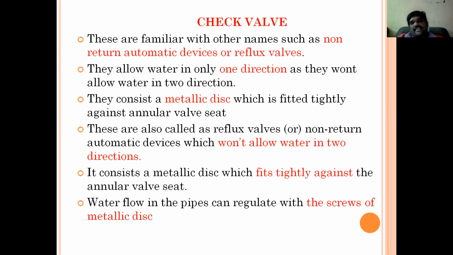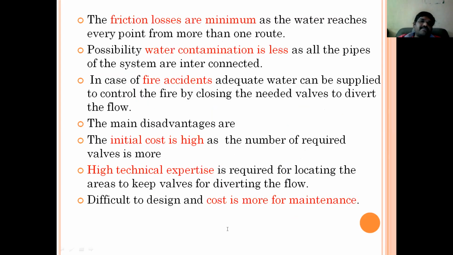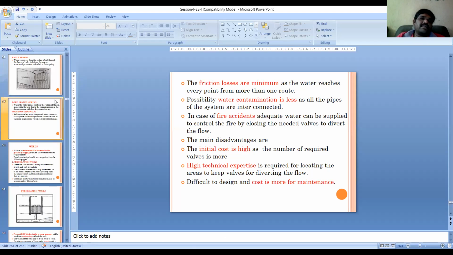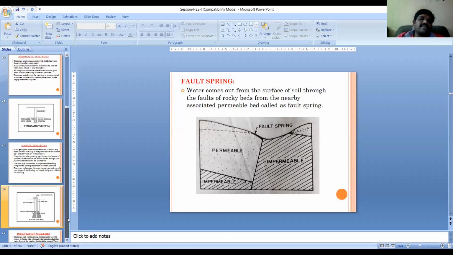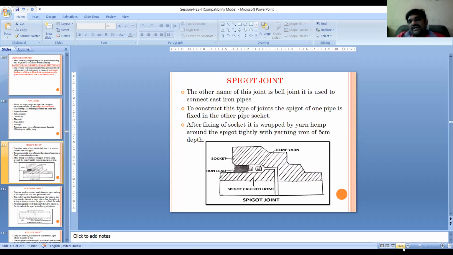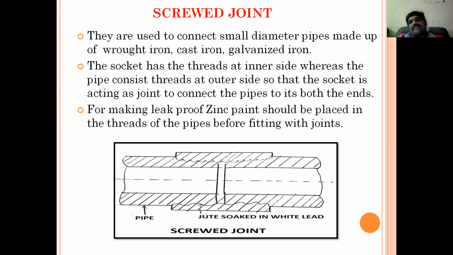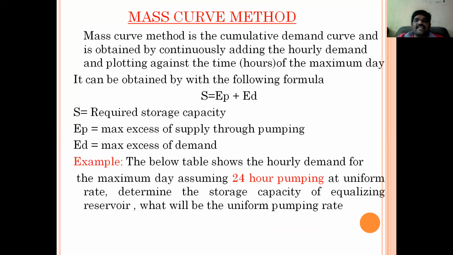And similarly, by seeing these valves, you may remember one particular topic. Let me discuss one more time. You may get a remembrance of this topic, joints. We discussed joints: spigot joints, screw joints, collar joints, flange joints. All these joints we have seen. Similarly, all these joints are exclusively designed to connect the pipes.